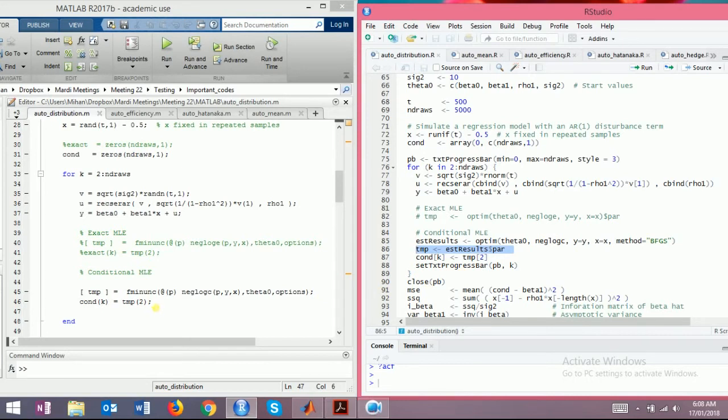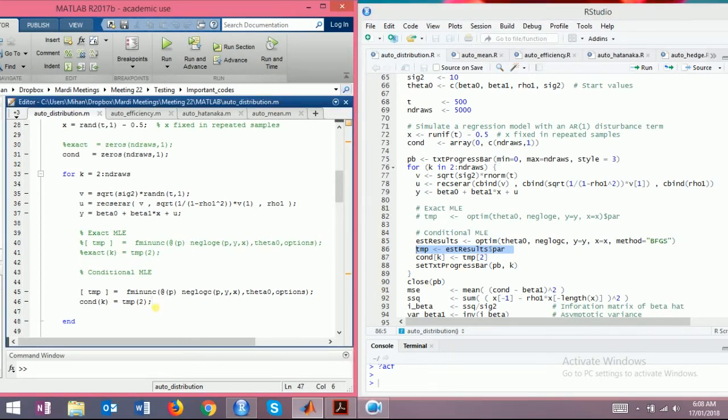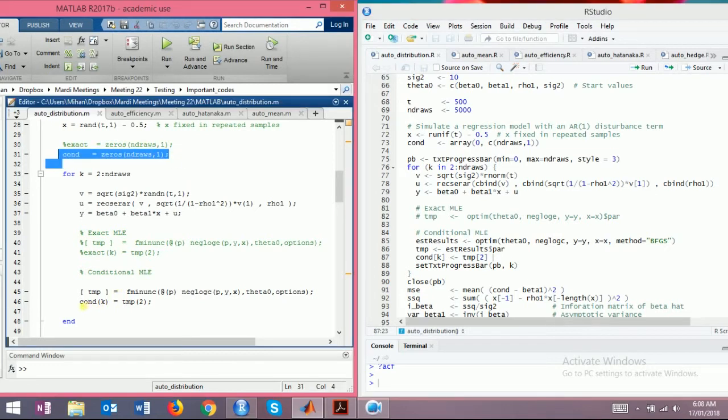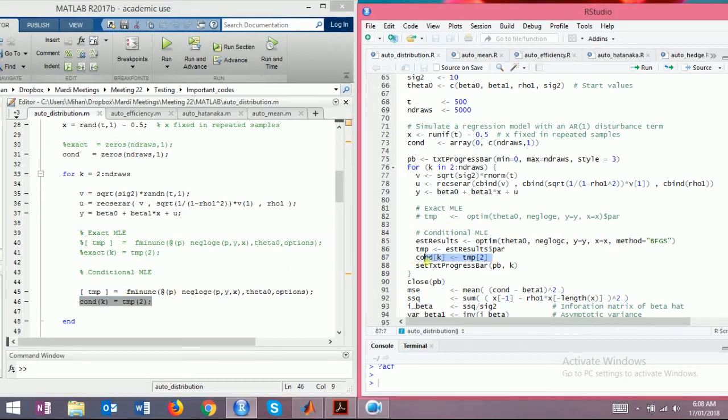Now the important thing is that we include the tmp, whatever we estimated, and store the results, which is tmp2.